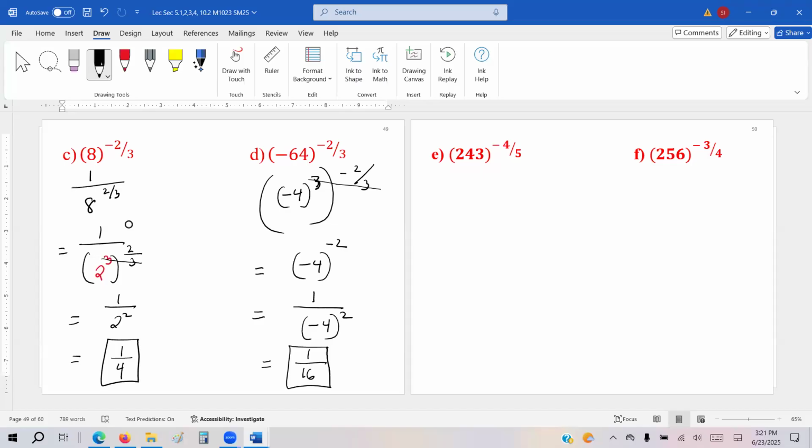Okay, who would like to try the next page, first one? Ashley, would you like to try it? 3 to the power of 5, and we keep our -4/5.